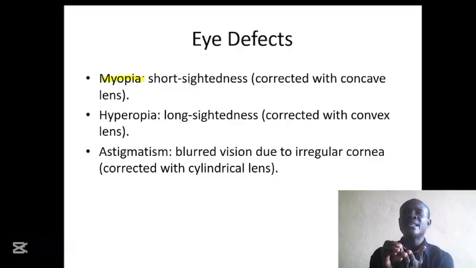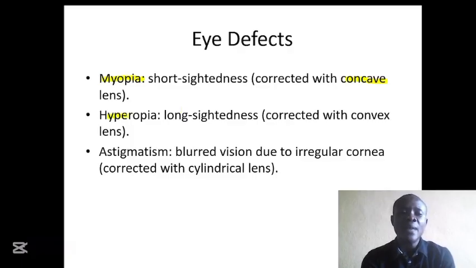So in that case, what you will see will be a blurred object. Myopia is corrected by using what we call a concave lens. The concave lens will help to move the image from the front of the retina back onto the retina so that the object can be seen clearly.